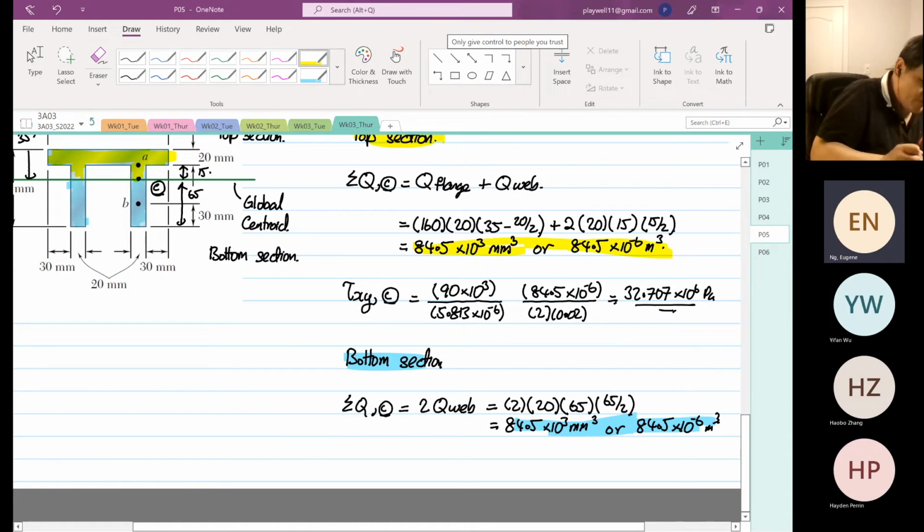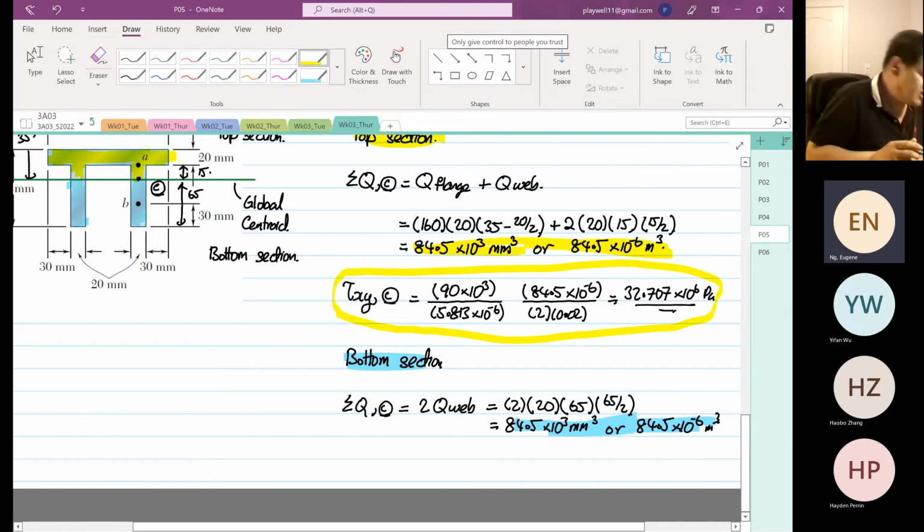Okay. And if you plug in, the answer will still be the same. Okay. So this expression over here is the same for the top and for the bottom, because the first moment of area are exactly the same, right? So I want you to have the confidence, right?